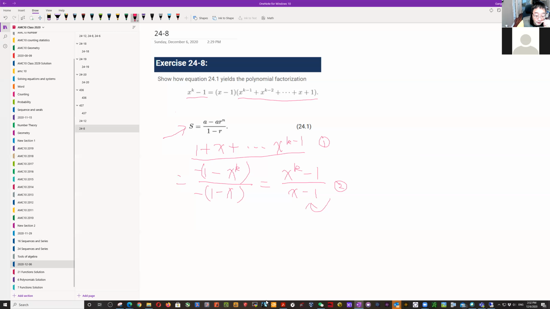So we will get x to the k minus 1 equal to x minus 1 times, because I can reorder this, x to the k minus 1 plus x to the k minus 2 and add all the way to x and plus 1. So that's the way to solve this problem.